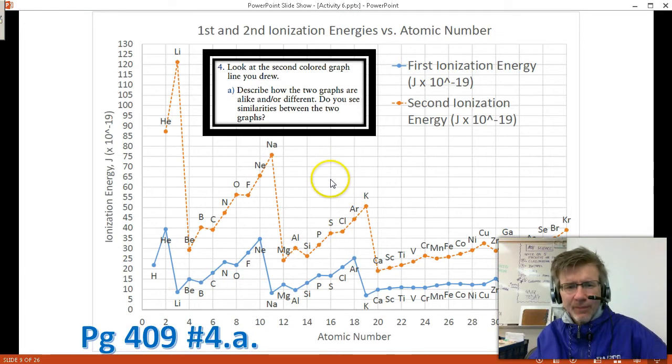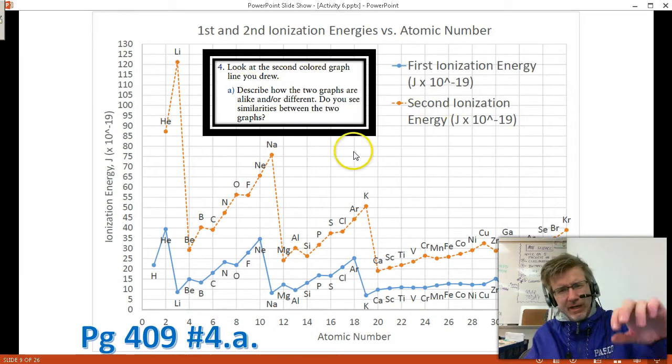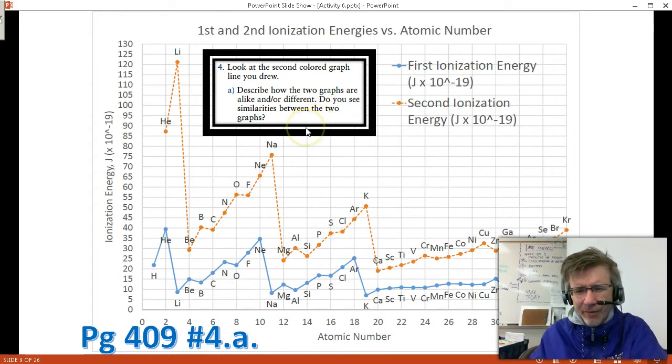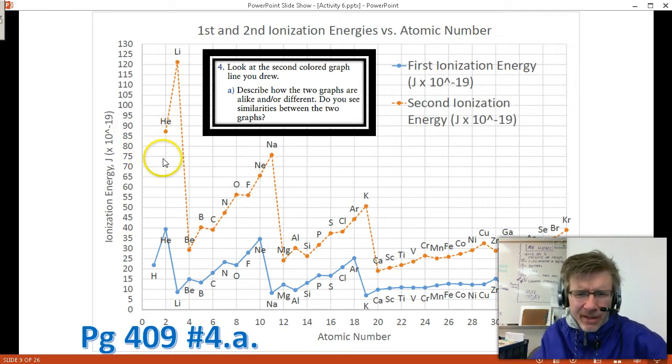All right, so question 4a, page 409. I'm looking at the second colored graph that we drew, which was a second ionization energy. On your piece of paper, you can turn that over. If you've been looking at the one just single line, you can turn it over and look at this other line. So I'm looking at these two graphs and I'm looking for similarities. So let's see. All right, let's grab my pen here.